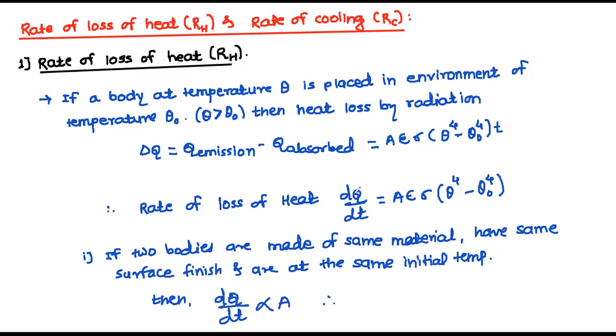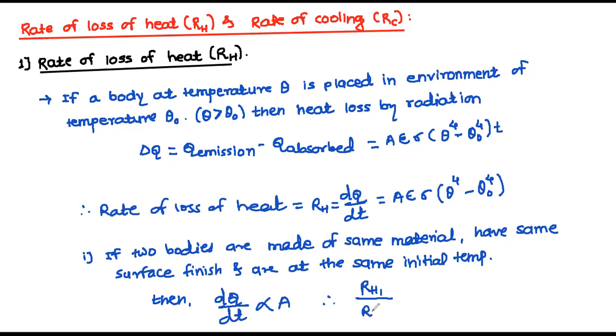I will denote rate of loss of heat with RH, equal to dQ by dt, and therefore rate of loss of heat for the first divided by rate of loss of heat for the second is equal to A1 by A2.